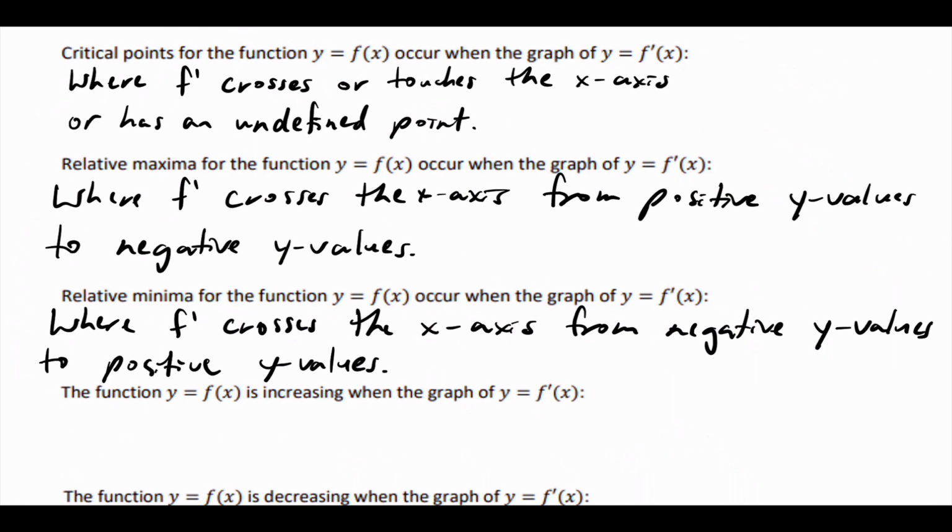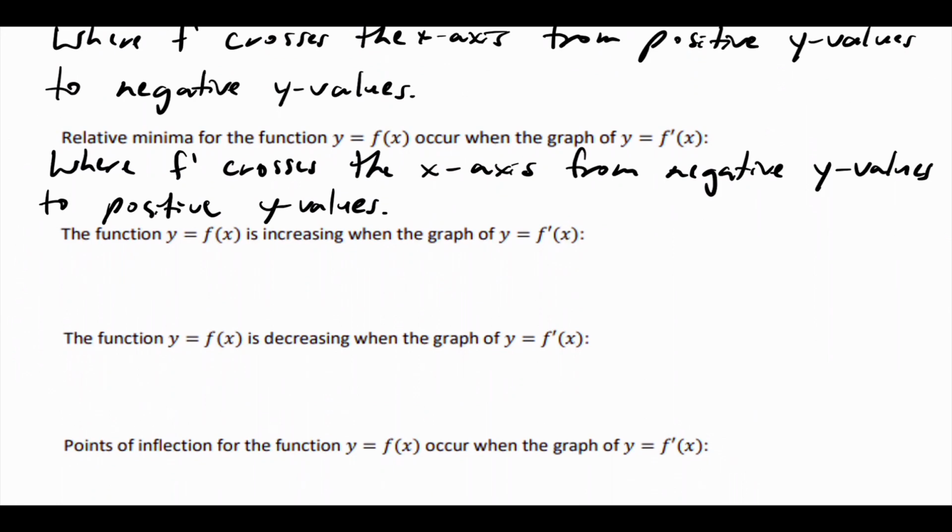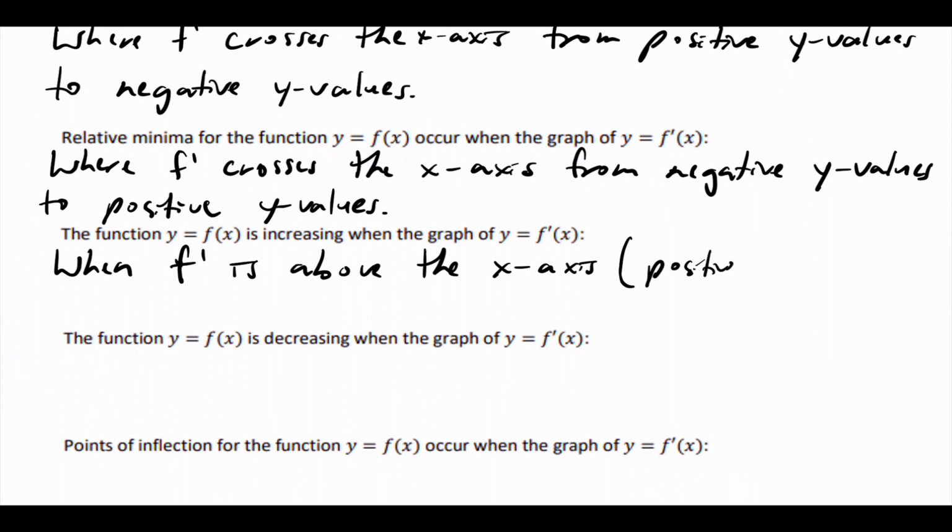Okay, good. Now, when is it increasing? When is the function increasing on our graph? There you go. When f prime, when the graph, either one, is above the x-axis. In other words, positive y values.